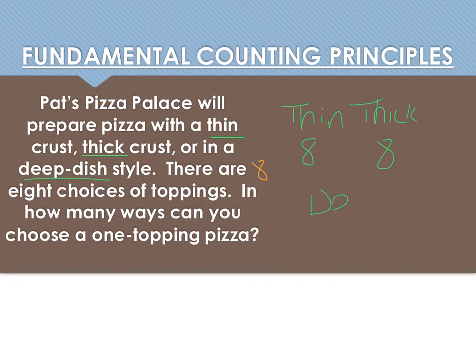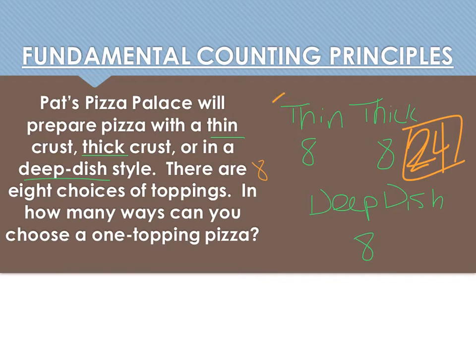With deep dish, you have 8 more options when it comes to deep dish. So 8 plus 8 plus 8 is 24. Yes, that's the answer. Is there a faster way to get there?